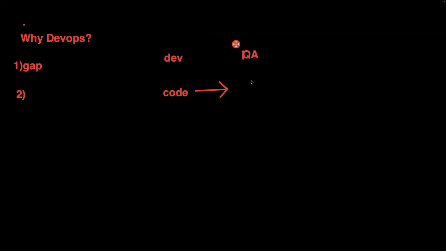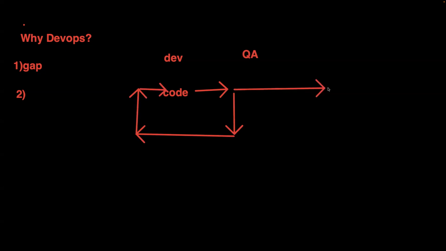Basically, they'll test the application and check whether it is as per expectations or not, and they will send the feedback to developers. Developers will fix the code, fix the bugs if any, and this process keeps continuing till the application is defect-free or bug-free. Let's suppose the application is defect-free. They will hand this over to ops teams. I'm talking about the traditional approach without DevOps.